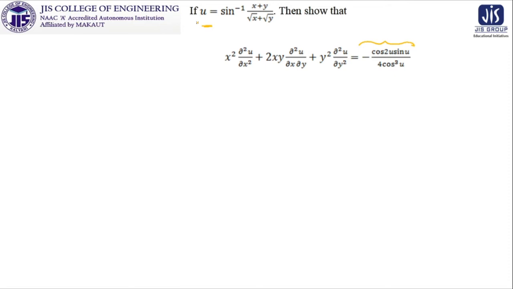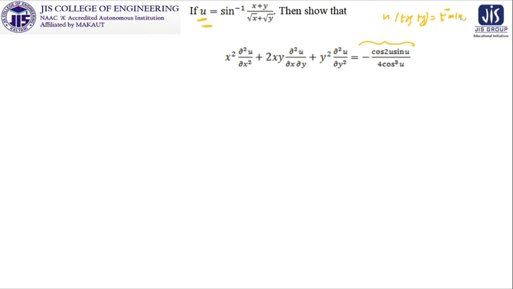Now, if we want to take the help of Euler's theorem, then obviously the function we want to channel through Euler's theorem has to be homogeneous. But here we see that if we consider this u, and if we want to check whether this u is homogeneous or not, u is a function of x and y, we have to check whether u(tx, ty) is equal to t to the power n times u(x,y).